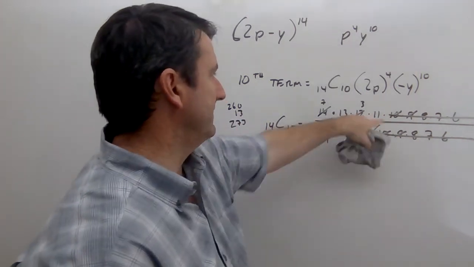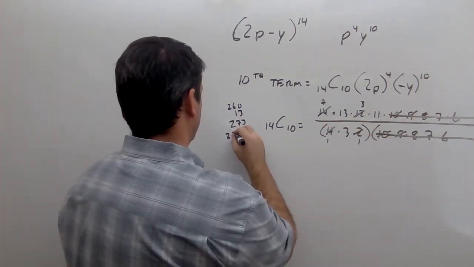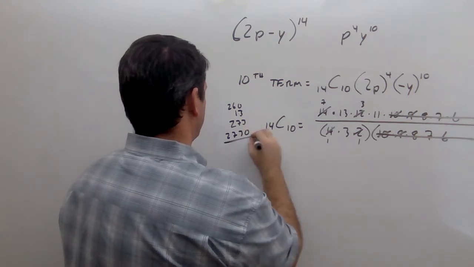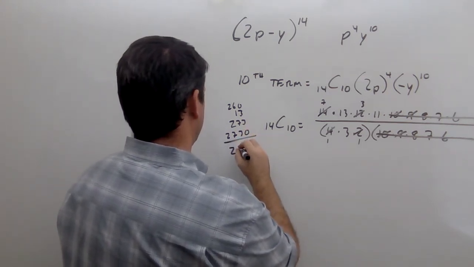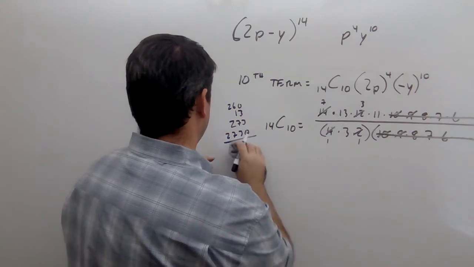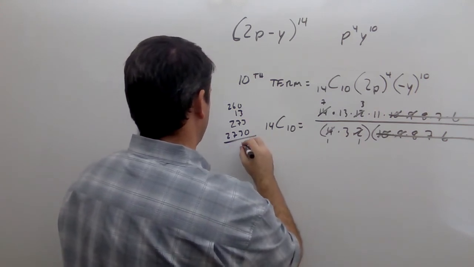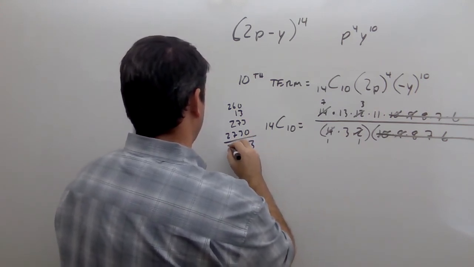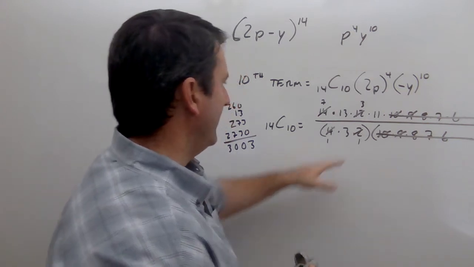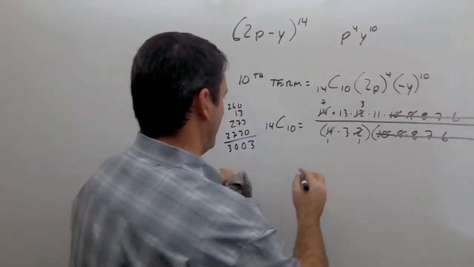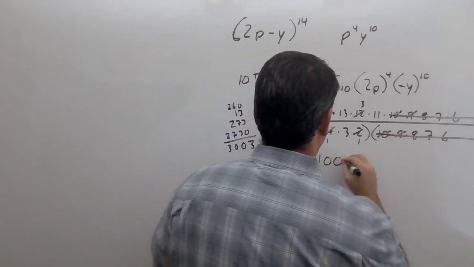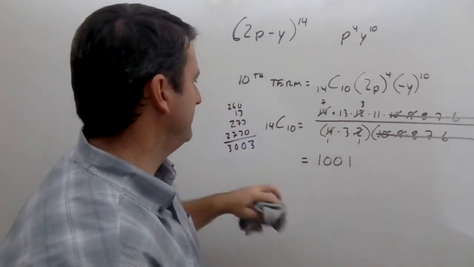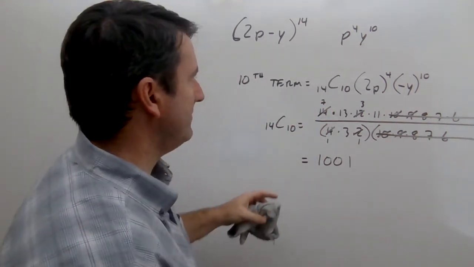And then 273 times 11 is going to be, let's see, no, 3,003. And then divided by 3 is going to be 1,001. All right, so 14 choose 10 is 1,001.